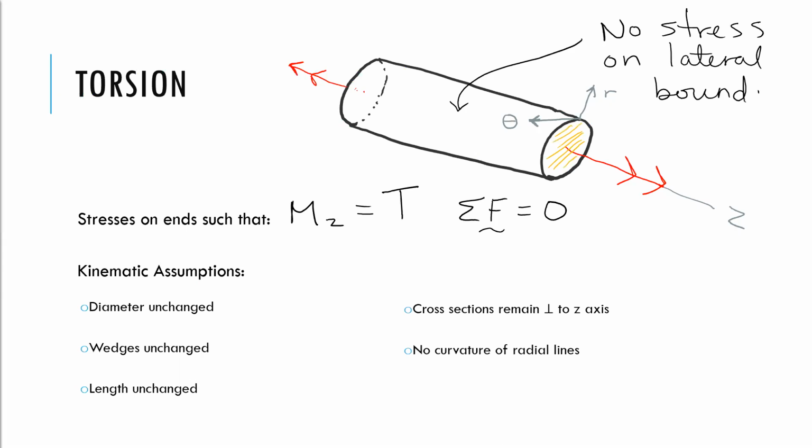So we just have stresses on the ends, and those are causing a moment about the Z-axis. When we do this, we see 5 distinct behaviors.